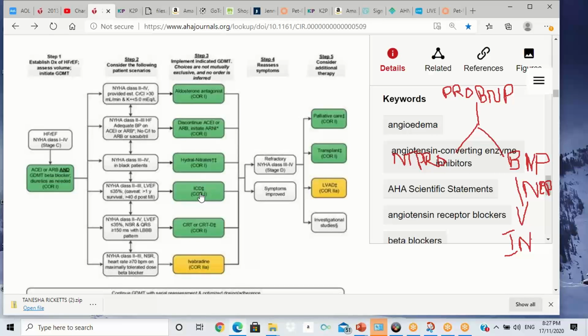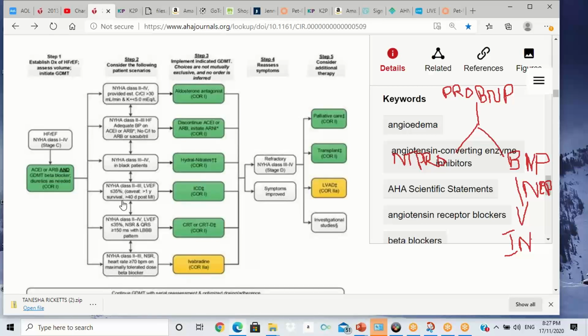Again, what about the ICD? Implantable cardioverter defibrillator. Again, class 2 to 3 heart failure, ejection fraction less than or equal to 35%. They have to have a lifespan of more than a year, though.